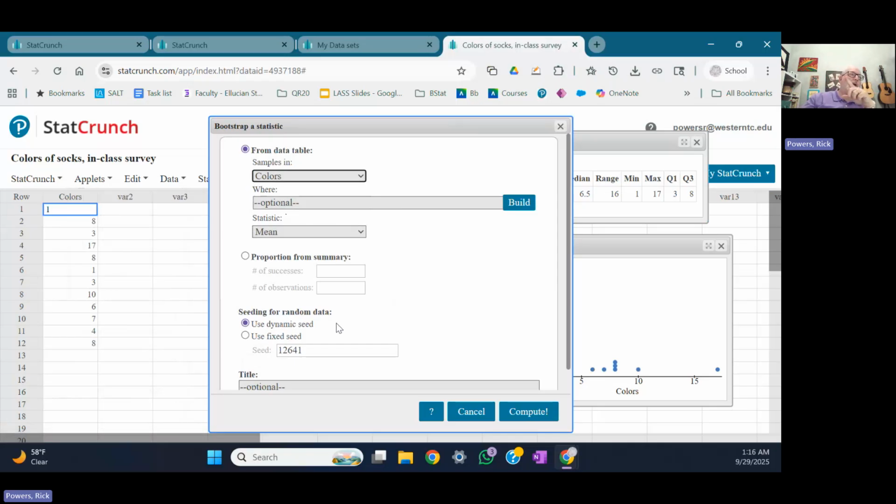But on your homework, you have to use a fixed seed so that you will get the same answer as what the computer did in order for you to get the correct answer on your homework, in order for it to be checked and to be correct. So using a fixed seed is very important for you on your homework, but we don't care right now. We're just going to use a dynamic seed. We'll just let the computer pick some number somehow. And so then we hit compute.